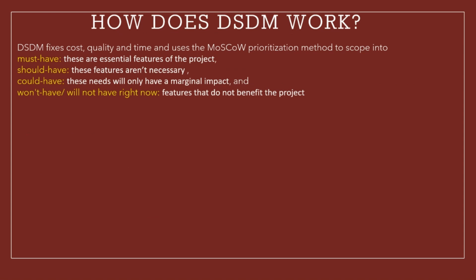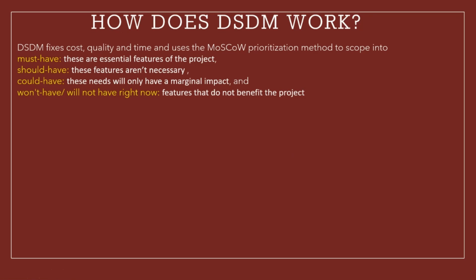Now let us see how DSDM works. So DSDM fixes cost, quality, and time and uses the MoSCoW prioritization method to scope into the following. First, must haves. These are essential features of the project. Second, should haves. These features aren't necessary. Third, could haves.